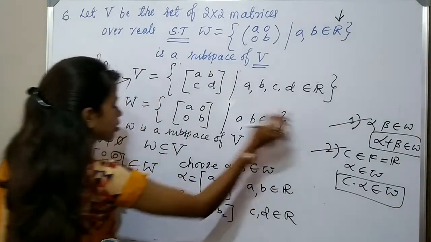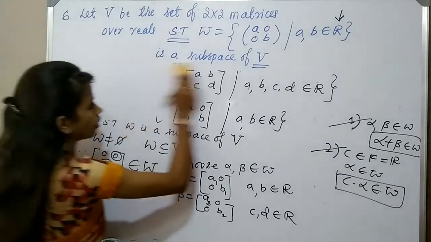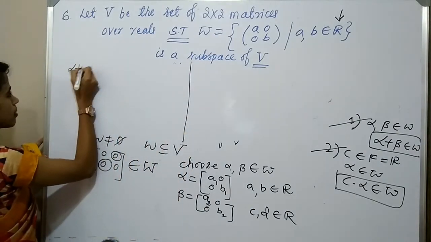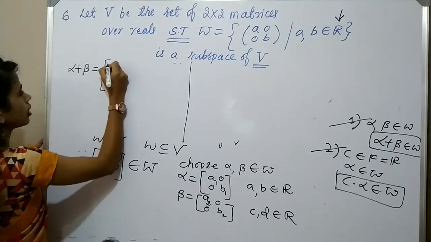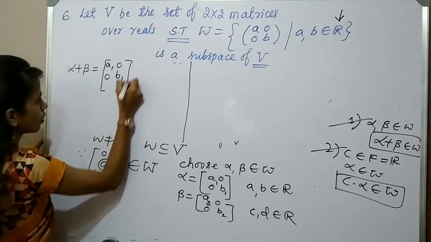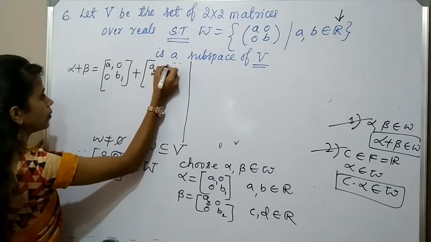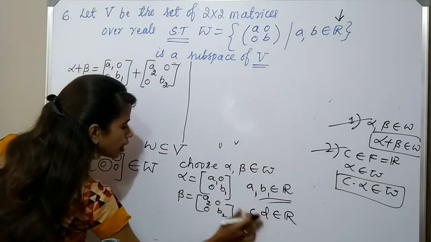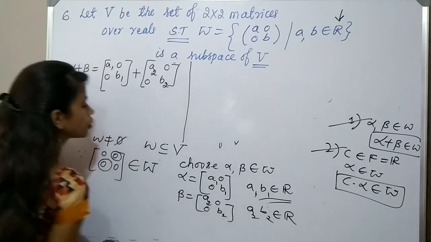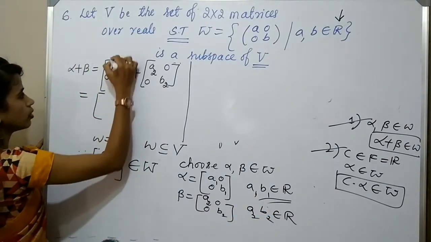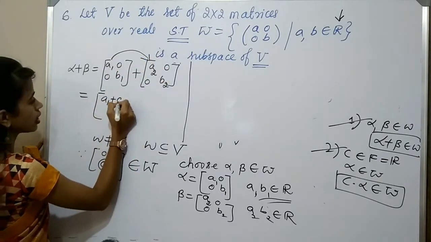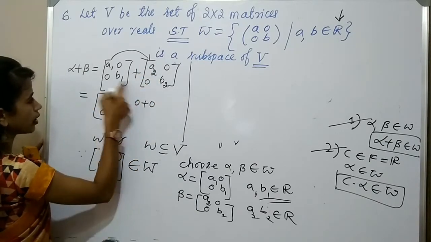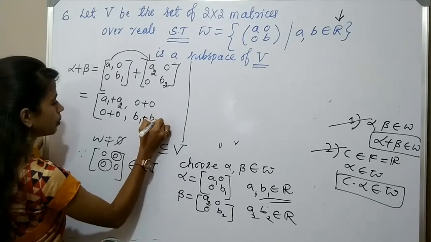We show these two conditions. For that, consider alpha plus beta first. Alpha is [A1, 0; 0, B1] and beta is [A2, 0; 0, B2], where A1, B1 belong to R and A2, B2 belong to R. If I add these two matrices, the sum is [A1 plus A2, 0 plus 0; 0 plus 0, B1 plus B2].